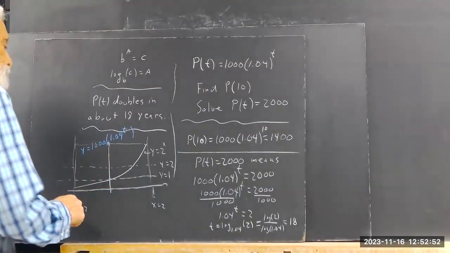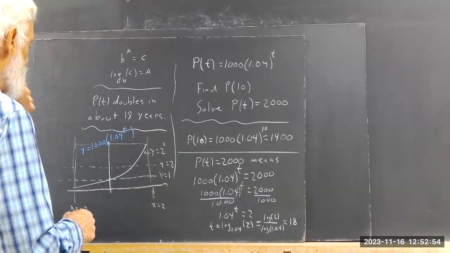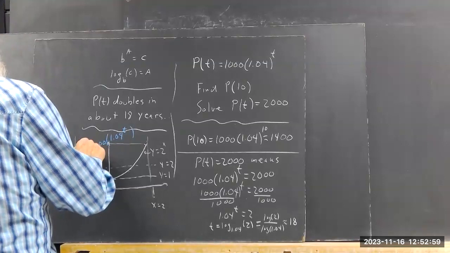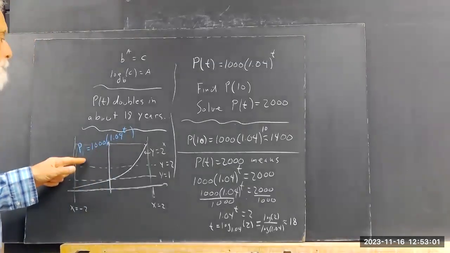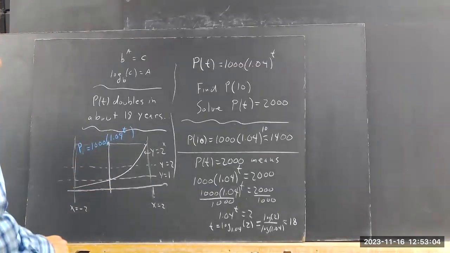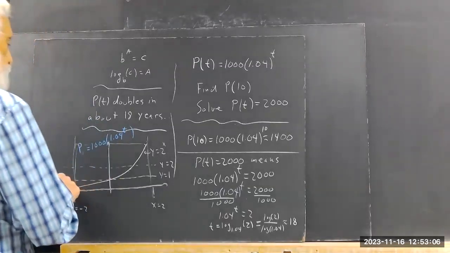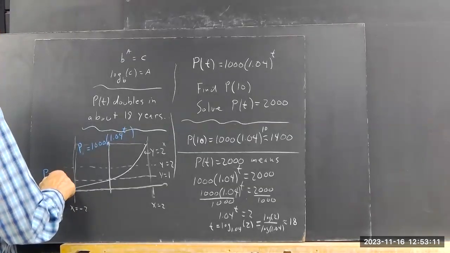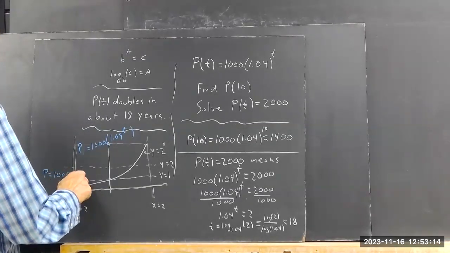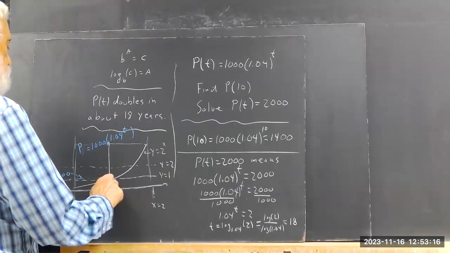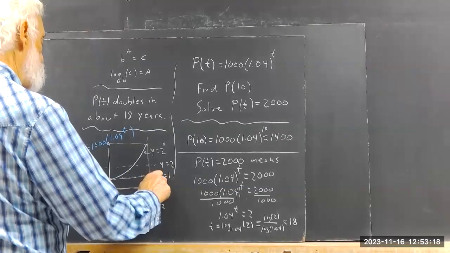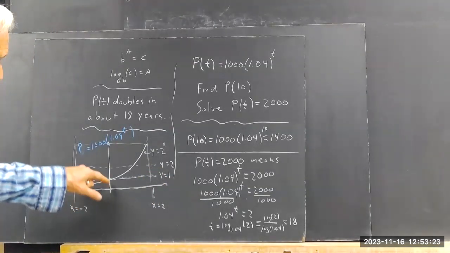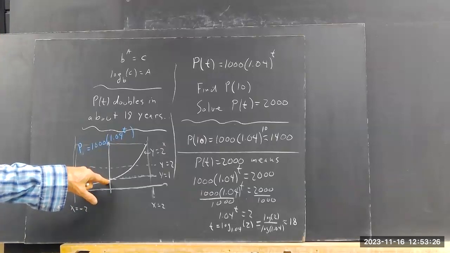Now, I want to do a graph of P versus T. Y equals 1 line becomes the P equals 1,000 line, because when T equals 0, we got to have 1,000. So this point has to be 0, 1,000.